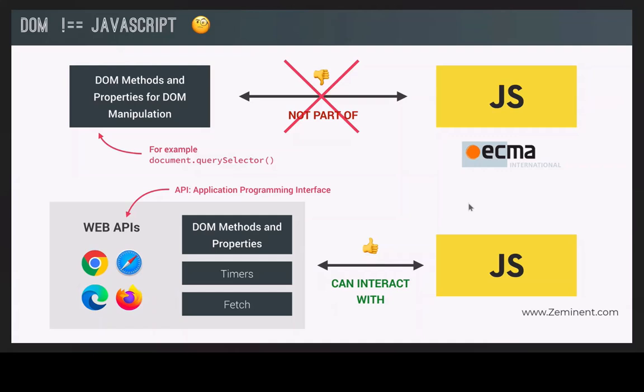JavaScript interacts with the DOM using methods like document.querySelector, or getElementById, and other browser APIs. Without a browser, a document doesn't exist. For example, in a typical Node.js environment, running document.querySelector('h1') will result in an error because there is no DOM available there. Okay, so this is the difference between the DOM and JavaScript.